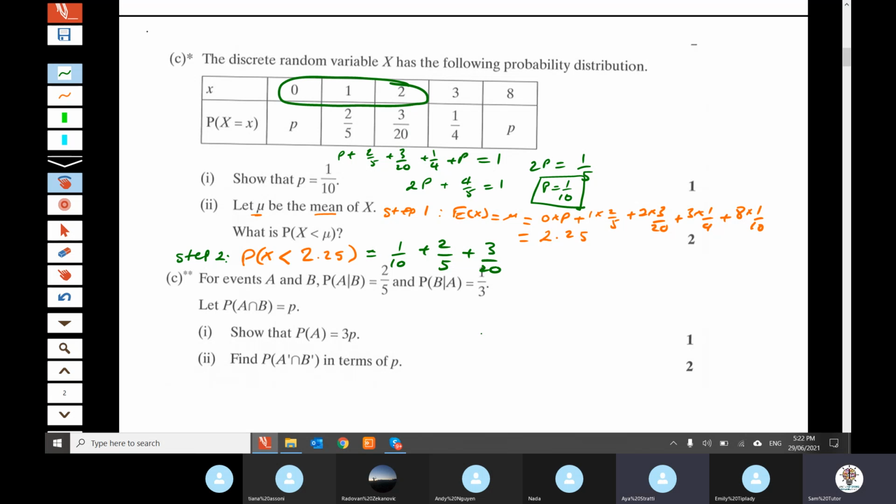So it's 0, 1, and 2. And that's it. As you said, 1 over 10 plus 2/5 plus 3 over 20. Excellent. The answer to that should be 13 out of 20. Everyone's happy with that?